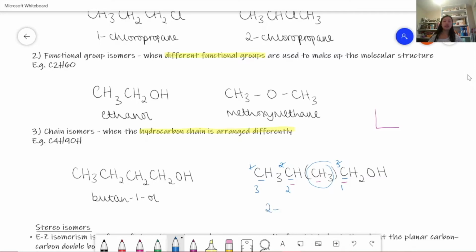So it becomes 2-methyl. And then because it's got 3 carbons in the main chain, we name it prop. And then we've got propan, and then the OH is on the first carbon, so it's 2-methylpropan-1-ol.